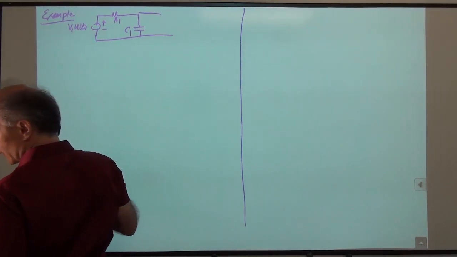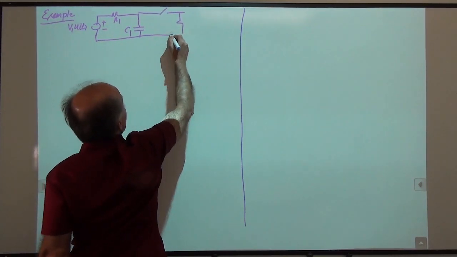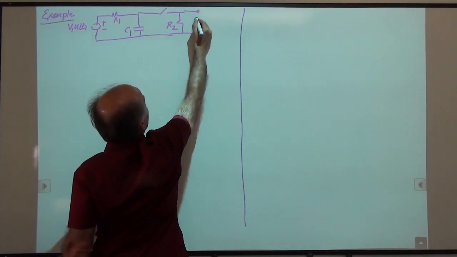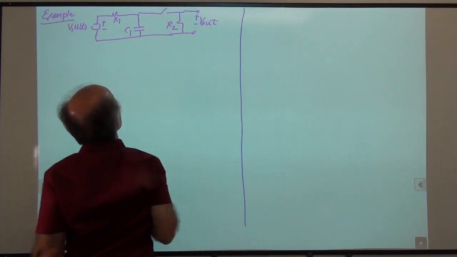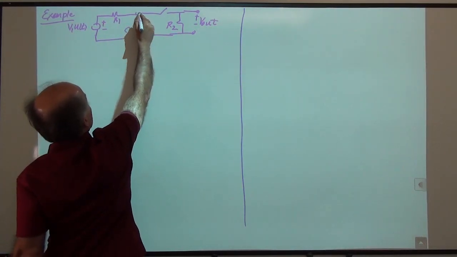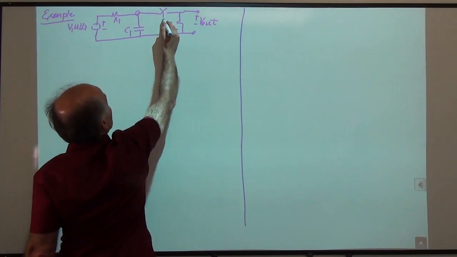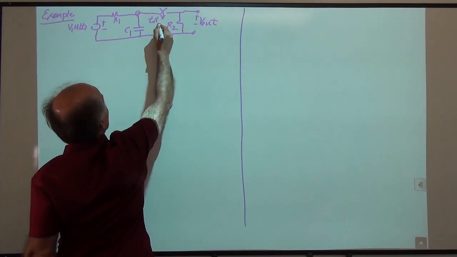But then to make things interesting, we have a switch and a resistor R2. And now we have the out here. And we want to analyze the circuit, assuming that this switch turns on at time equal t1.